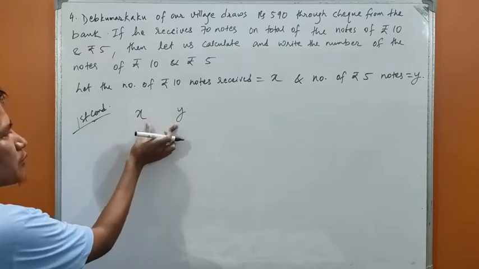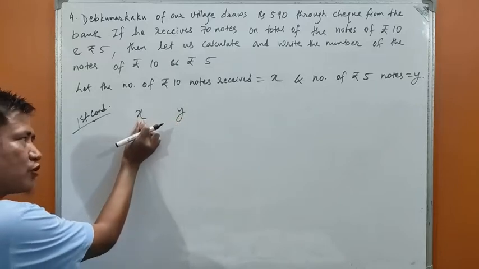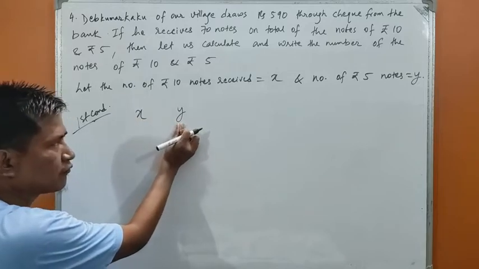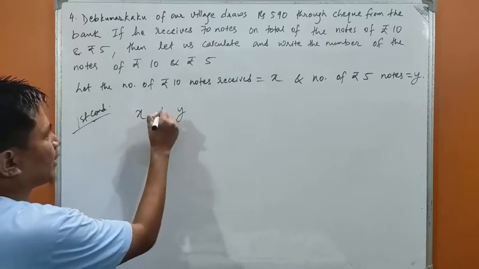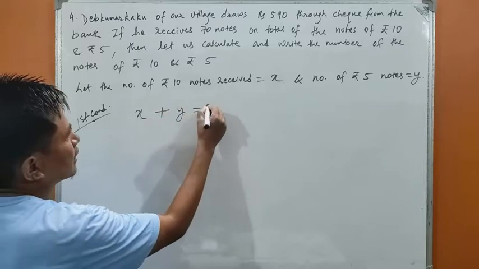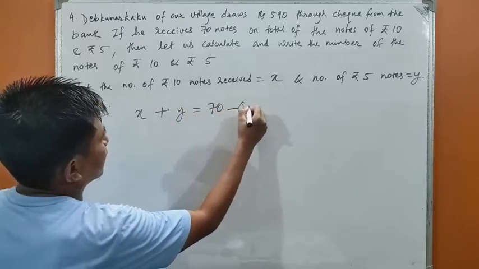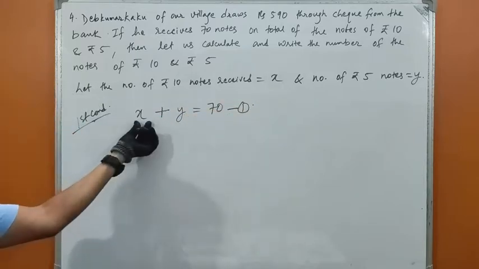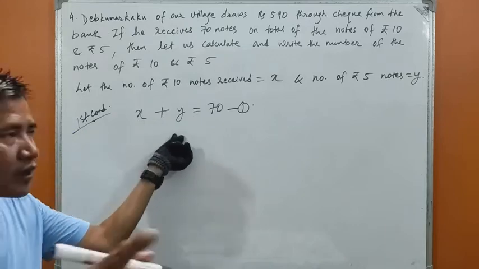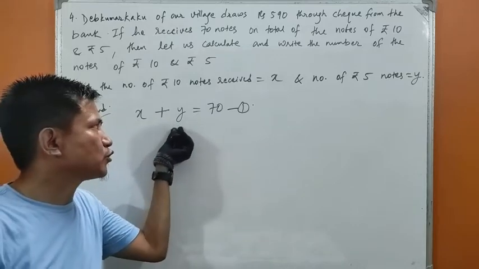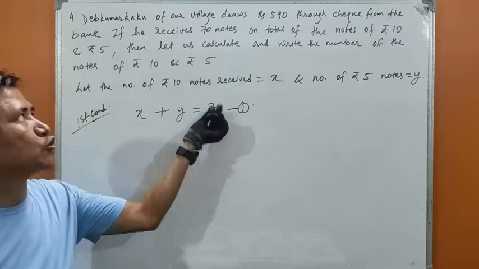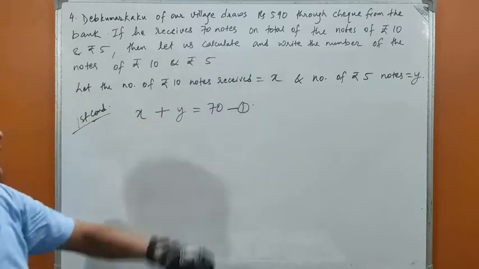The total number of notes means the number of 10 rupee notes plus the number of 5 rupee notes. When you add these two, you get 70. This is condition 1. Very, very simple. The total number of notes received by him is 70.